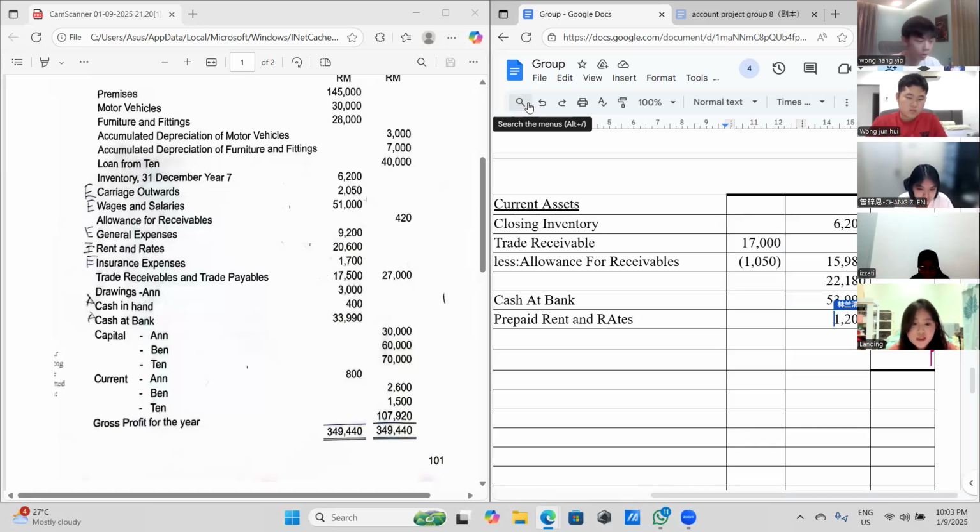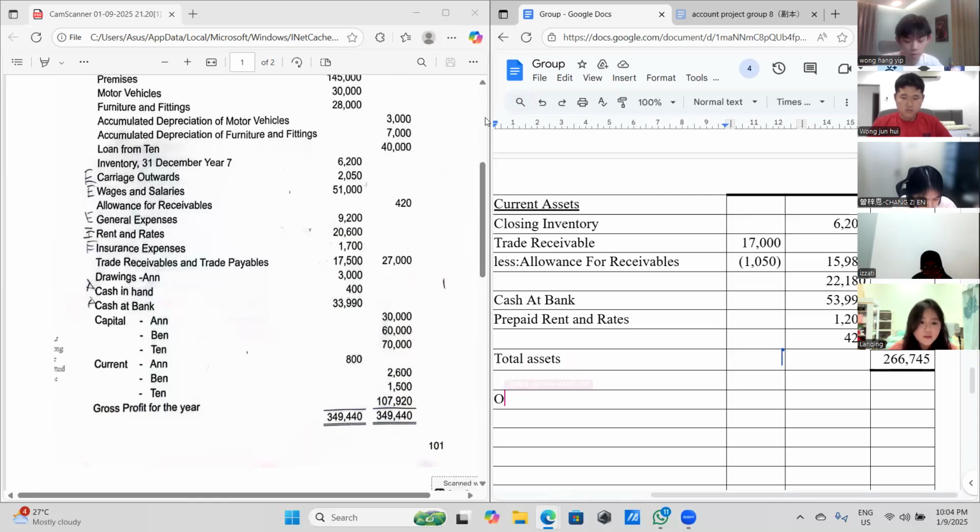The amount of rent and rates will be 1,200, and the next one will be the prepaid insurance. The amount will be 425. So the total amount of it will be 77,795. So we add together, the total asset will be 266,745.